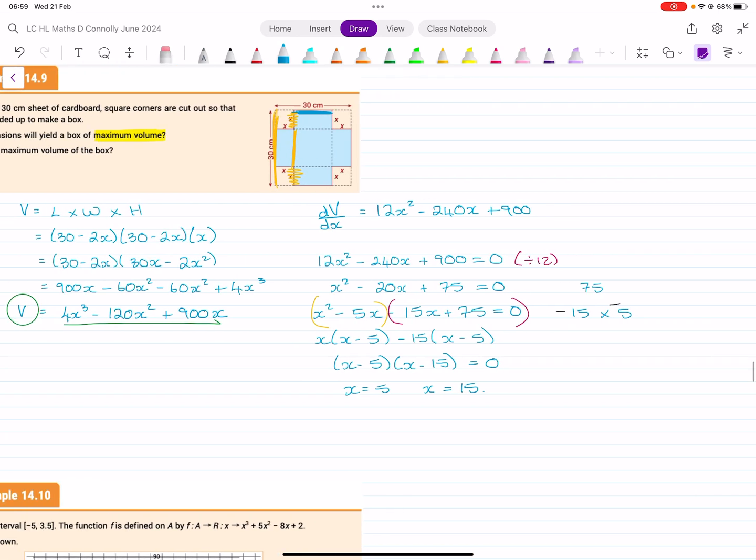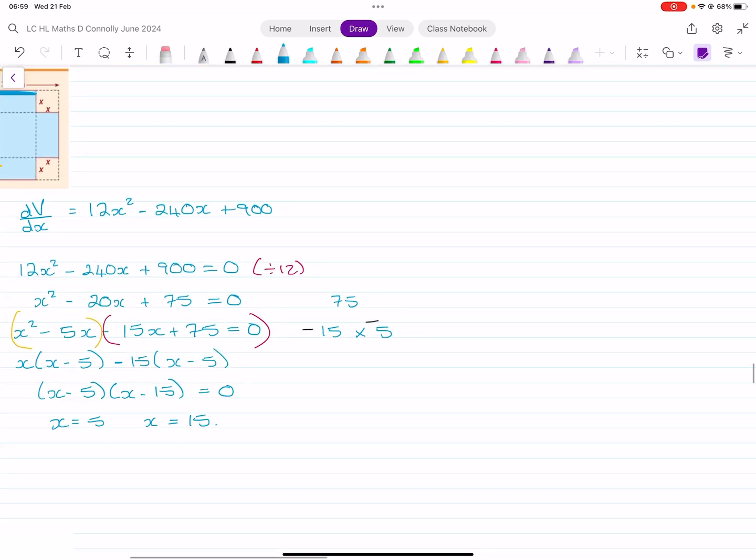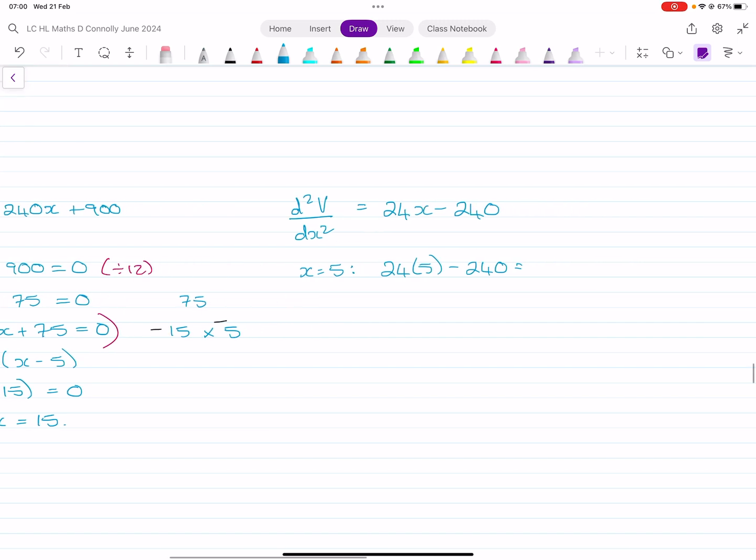Okay. So, what dimensions will yield a max? Okay, so I need to know which one is max. So I'm going to do the second derivative. So d squared V over dx squared is 24x minus 240. X equals 5: I have 24 times 5 minus 240, which is minus 120.